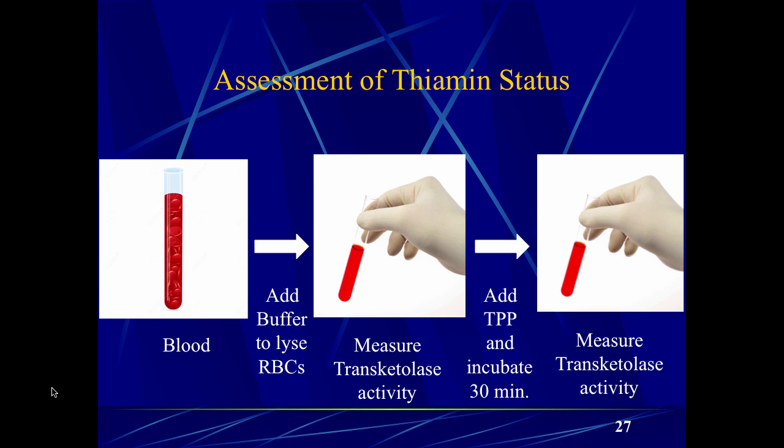So if there's no change in your transketolase activity by the end of it, does that mean you aren't thiamine deficient? You're likely adequate thiamine status. You're not benefiting from the addition because you already have adequate amounts of TPP to saturate the binding sites. Okay? So an increase in transketolase activity of greater than 25% indicates thiamine deficiency. An increase of more than 25% in activity indicates deficiency.